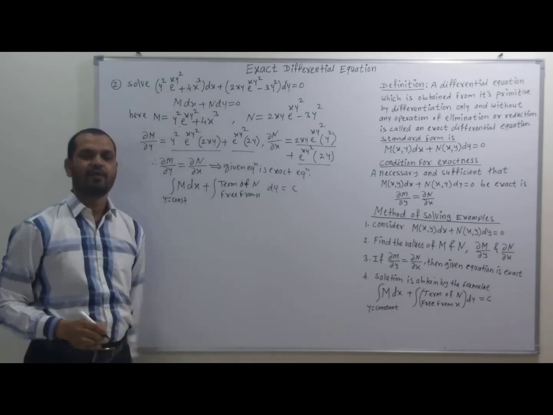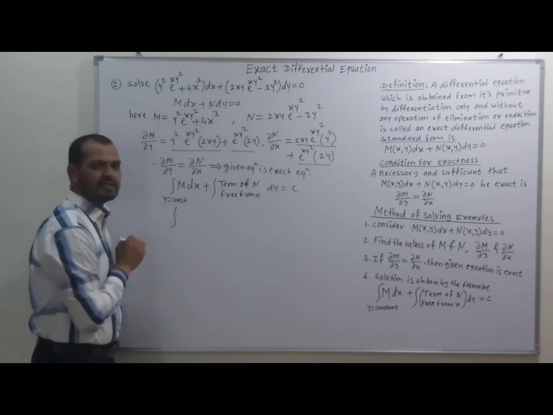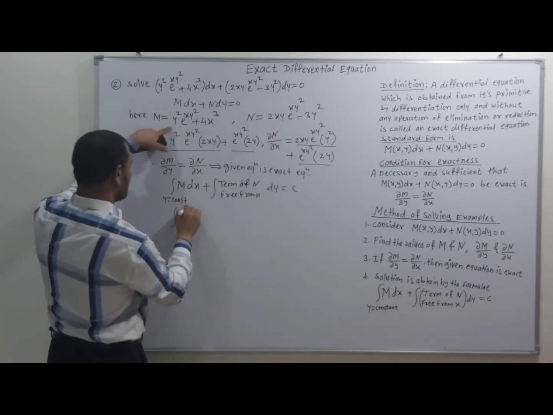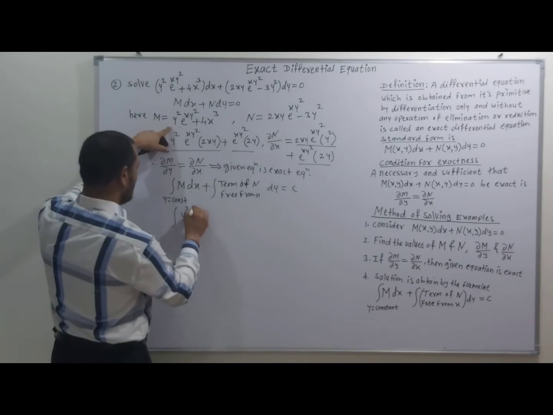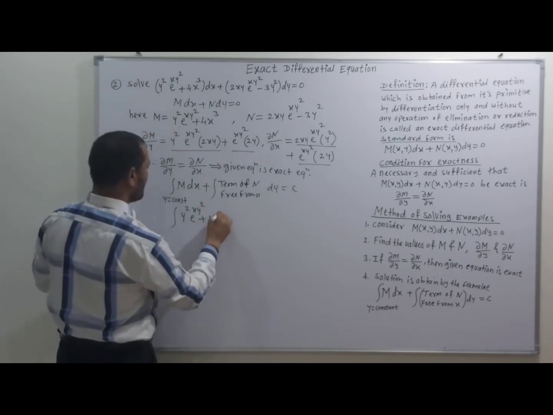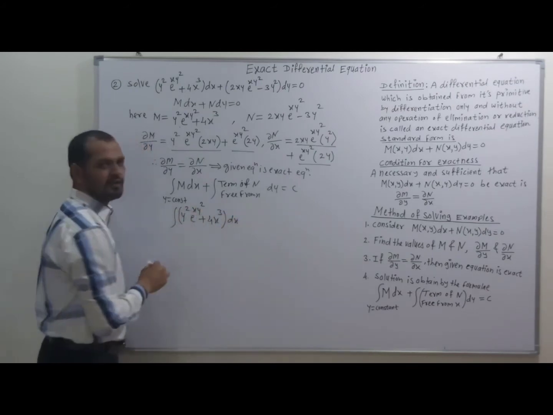So this is the standard formula for solving the exact differential equation. Now put the value. So this is integration. So value of M is, this is y square e raised to x y square plus 4x cube into dx.